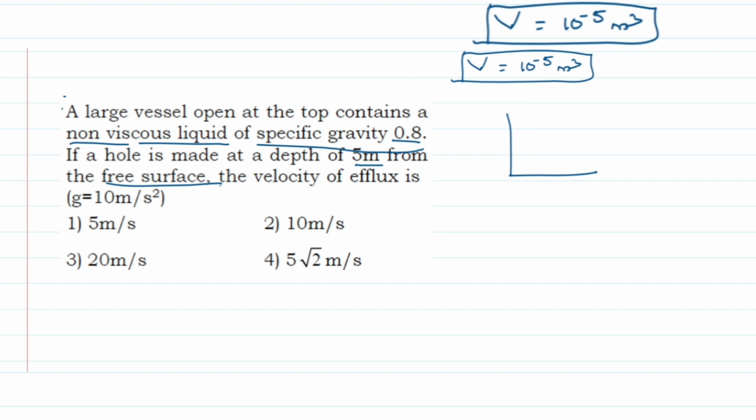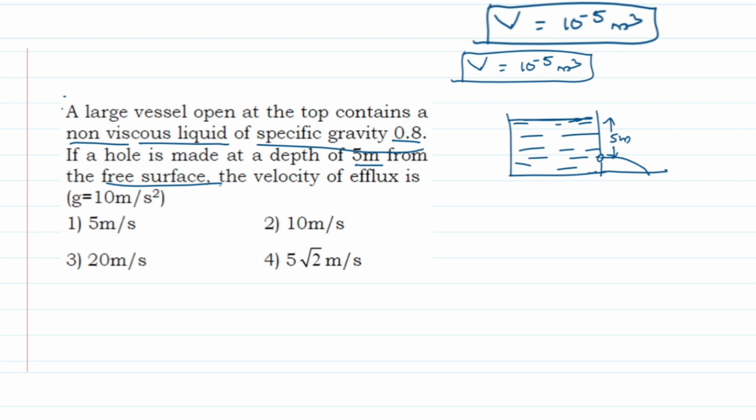You are keeping a hole at a depth of 5 meter from the free surface. This is the free surface, and here you are keeping this orifice at a distance of 5 meter. The velocity of efflux they are asking. So with what velocity is the liquid going to come outside?